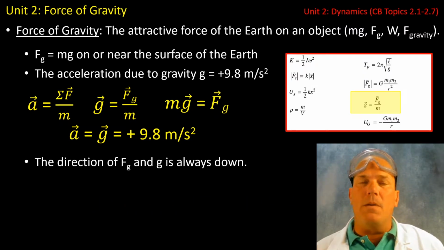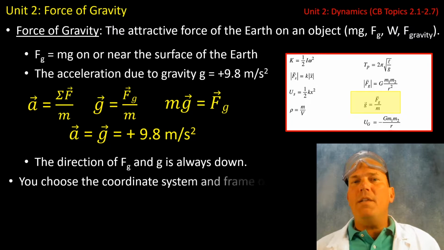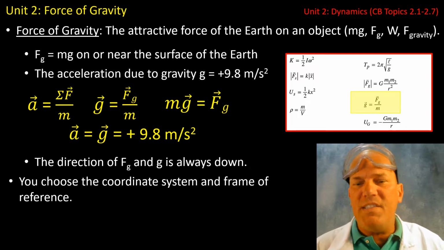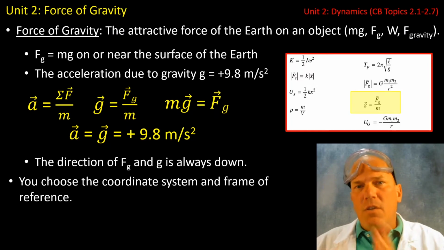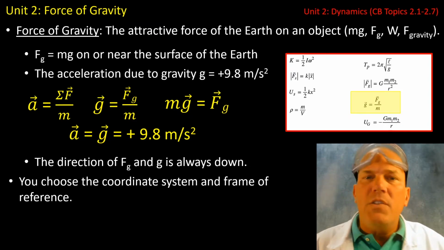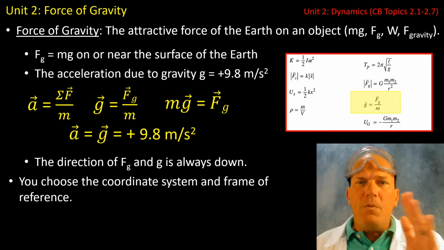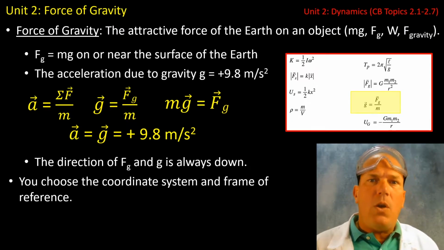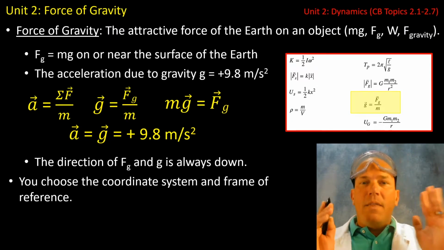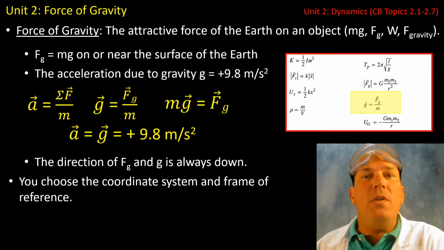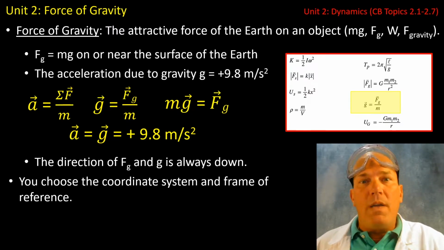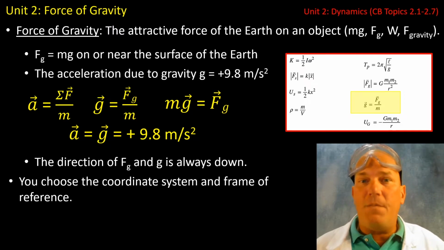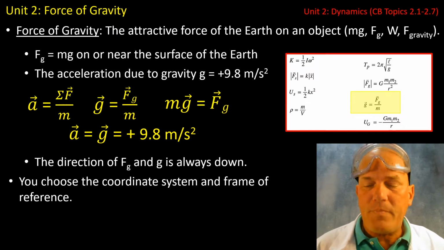Please remember that you are the one that chooses your coordinate system and your inertial frame of reference. So in those problems where we used UAM equations, if we chose to call up positive, then the acceleration due to gravity, little g, was negative for our defined coordinate system.